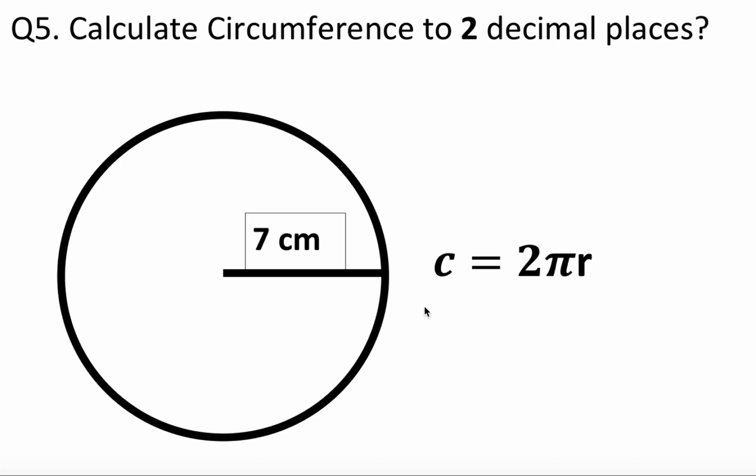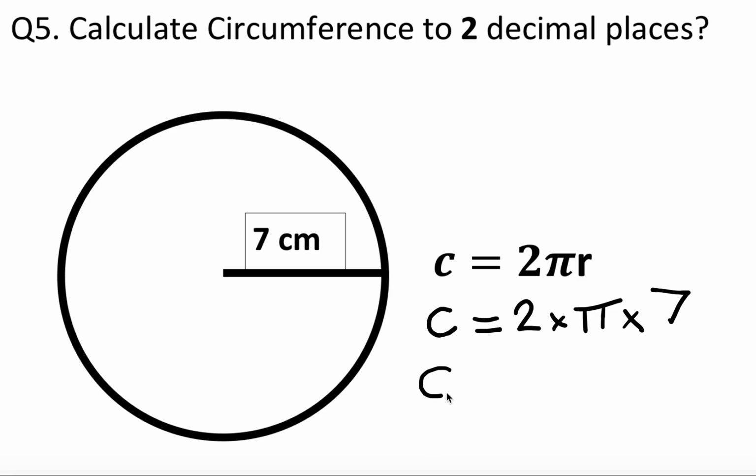To find the circumference, C is the circumference. It's going to equal 2 times pi times the radius, r, which in this case we've got on the diagram, it shows us 7.